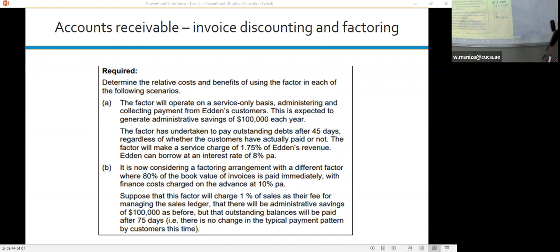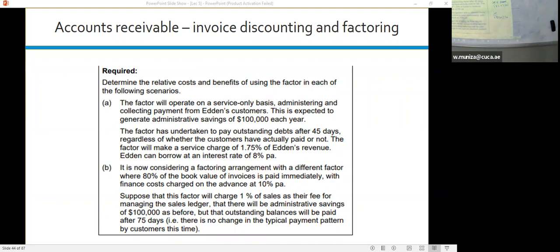Suppose that this factor will charge 1% of the sales as their fee for managing the sales ledger, and there will be administrative savings of 100,000 as before, but the outstanding balance will be paid after 75 days. There is no change in the typical payment pattern by customers this time.